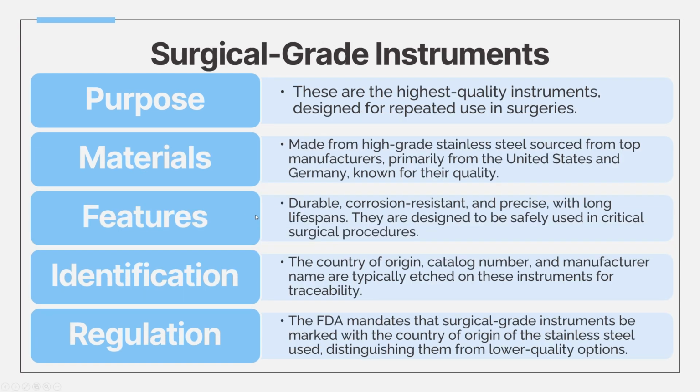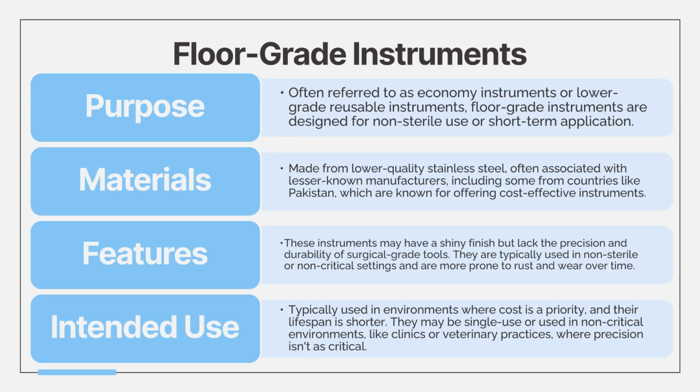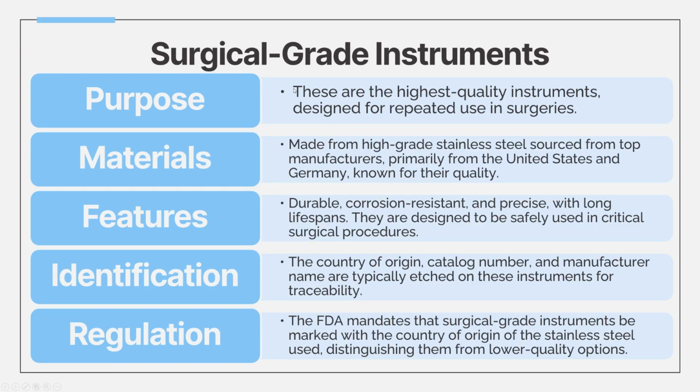And that's why these two can never be used together, can never be built together, and they should not be cleaned together. And another proof of this is that for a lot of hospitals, they actually have schedules for transporting floor grade instruments and surgical grade instruments.